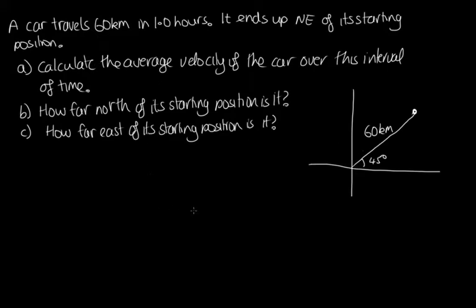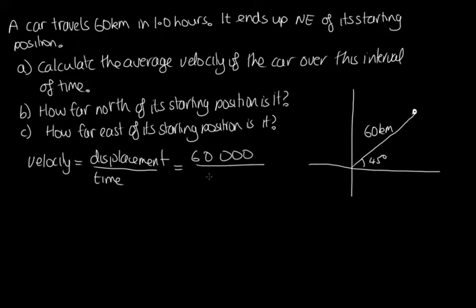So in part A, we're asked to calculate the average velocity. So we know that the velocity is equal to the displacement over the time. So it's travelled 60 kilometers or 60,000 meters in 1 hour.